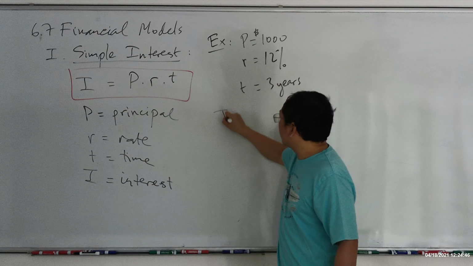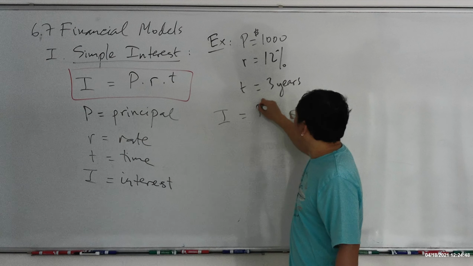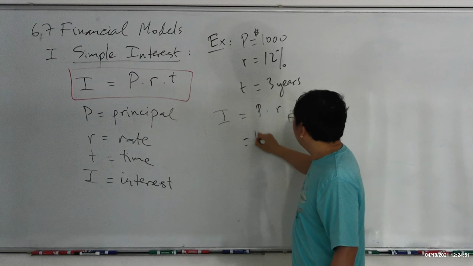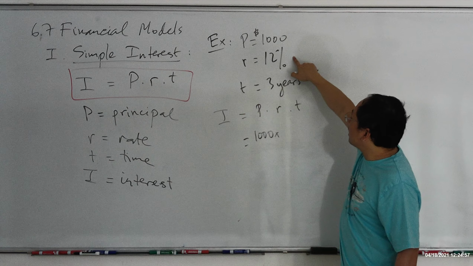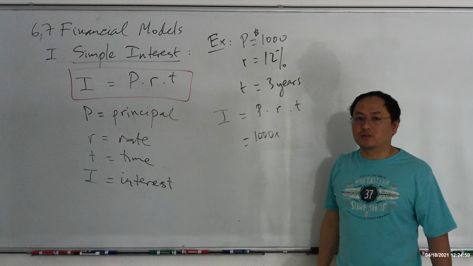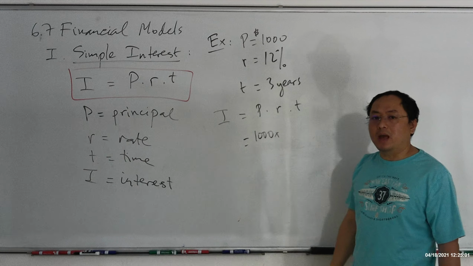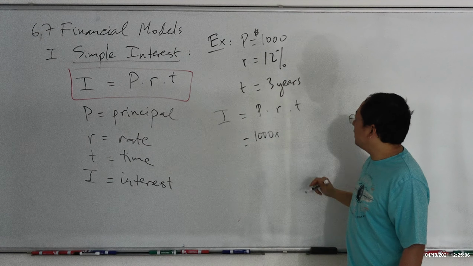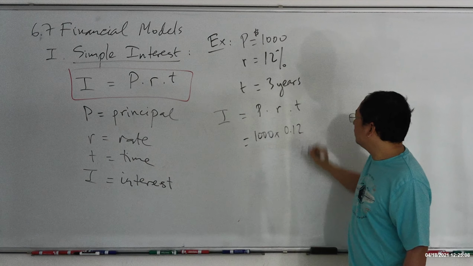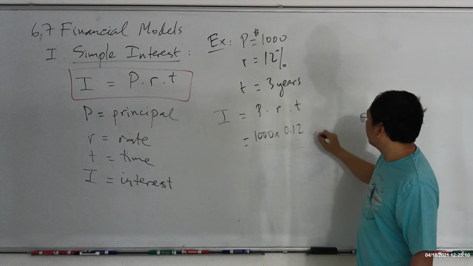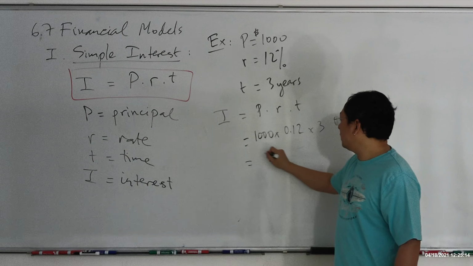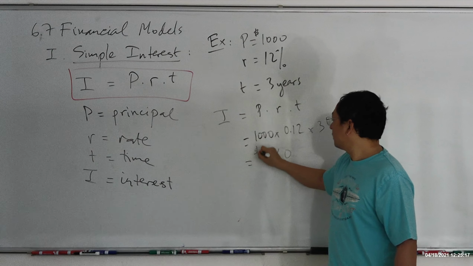The interest is P times R times T, which is 1,000 times R. Be careful, guys: when we talk to each other, we use percentages for the interest, however, when we do math, we have to convert that percentage back to a decimal. So 12% is equivalent to 0.12. And 3 years, you match up, so times 3. The interest after 3 years is $360.